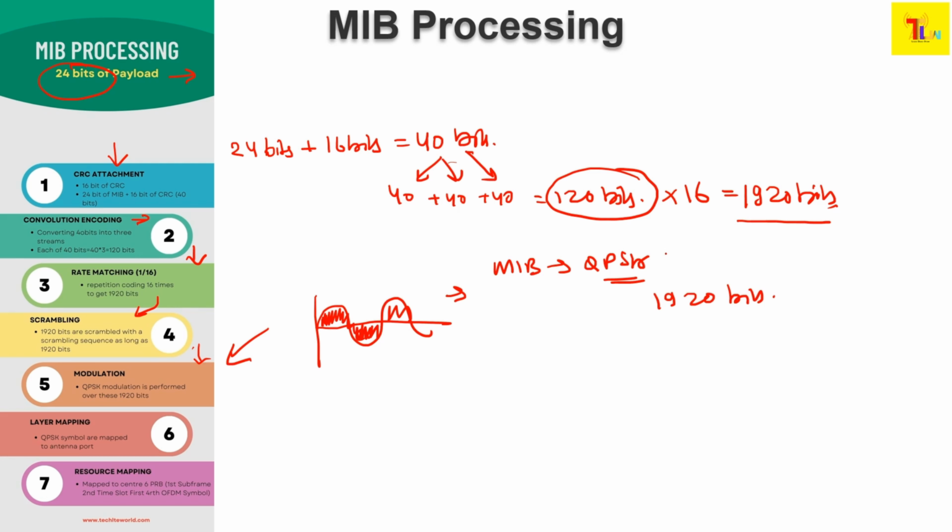What exactly does QPSK say? QPSK says 2 bits per symbol. So if we apply that to 1920 bits, how much will it become?